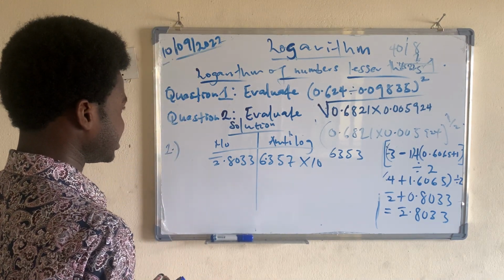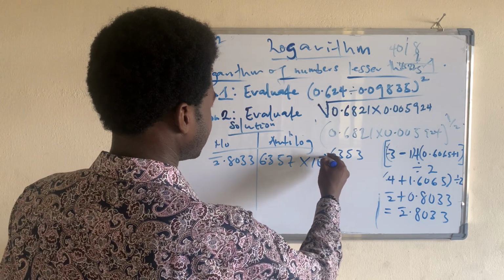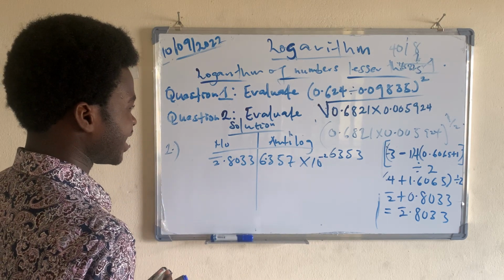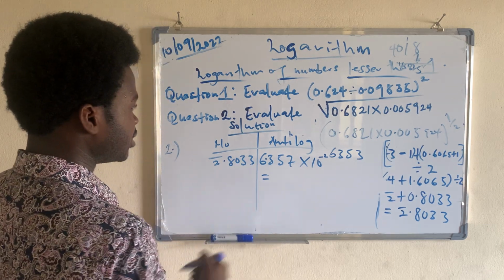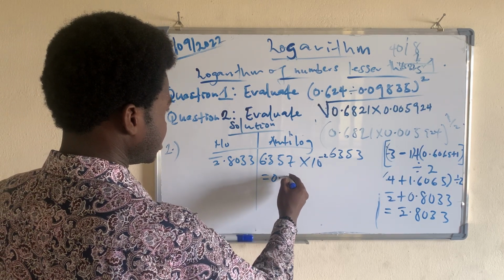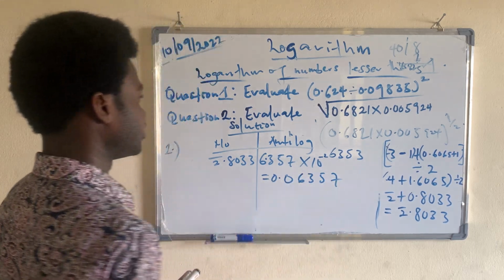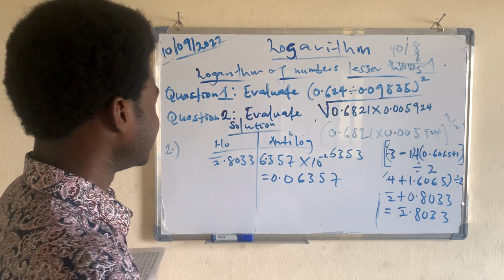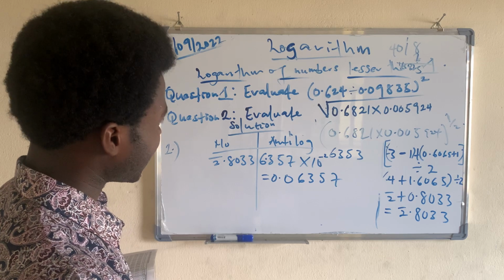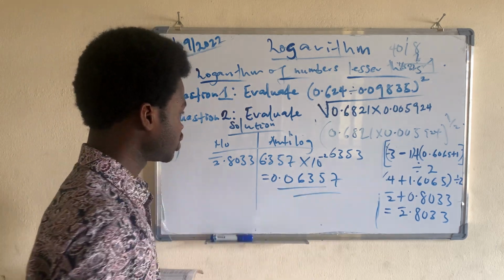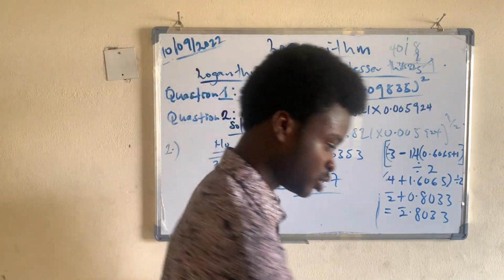So we will just multiply that, and this gives us 0.06357, and that gives us the solution to our problem.